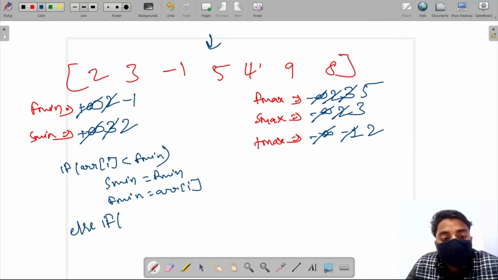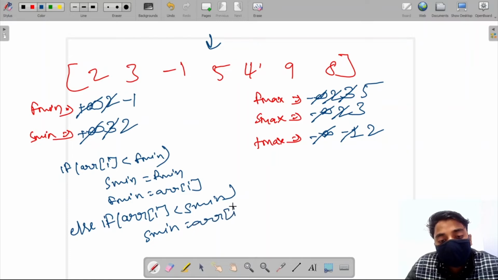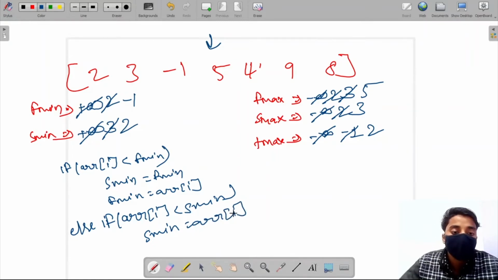Now else, if array at I is smaller than second min, this means we need to only update the second min by array at I. This is the case for finding the min.